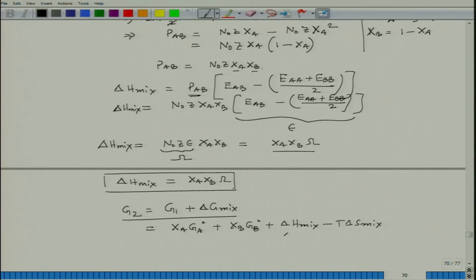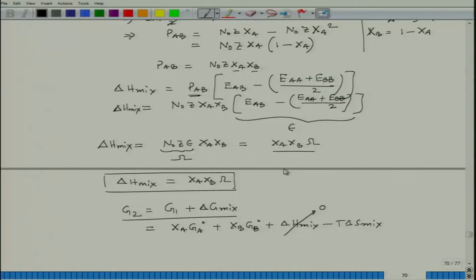In case of ideal solution, this is 0, but since we are considering non-ideal case where del H mix can have positive or negative value depending on the value of this quantity, it can be positive or it can be negative.